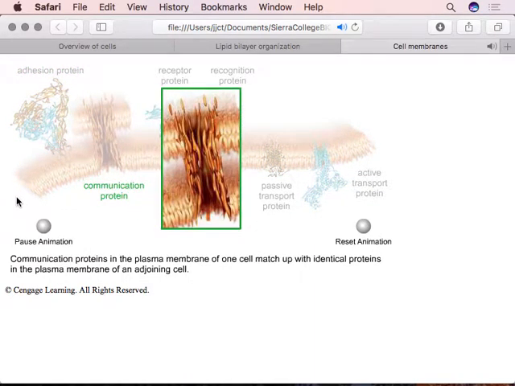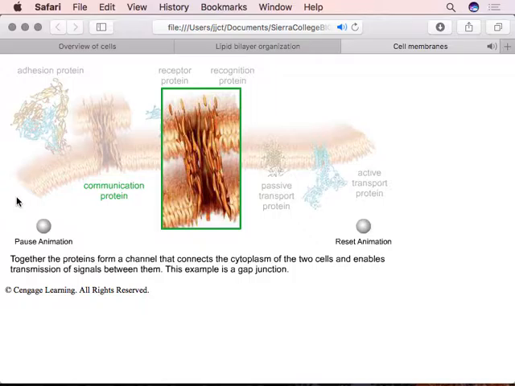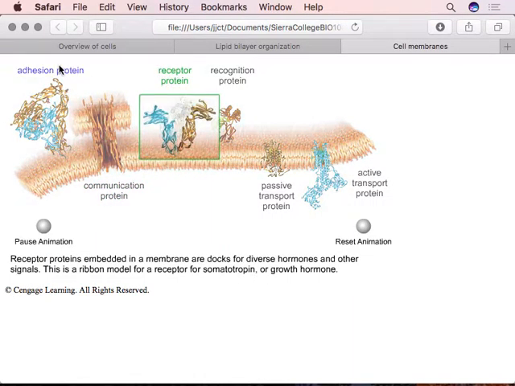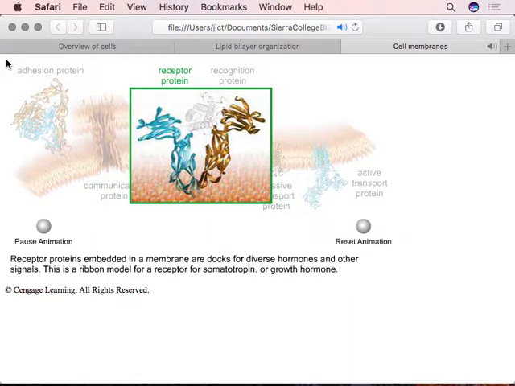Communication proteins in the plasma membrane of one cell match up with identical proteins in the plasma membrane of an adjoining cell. Together, the proteins form a channel that connects the cytoplasm of the two cells and enables transmission of signals between them. This example is a gap junction. Receptor proteins embedded in a membrane are docks for diverse hormones and other signals.